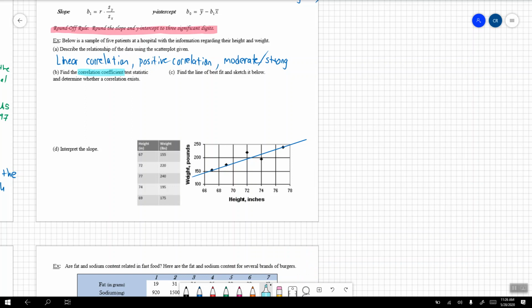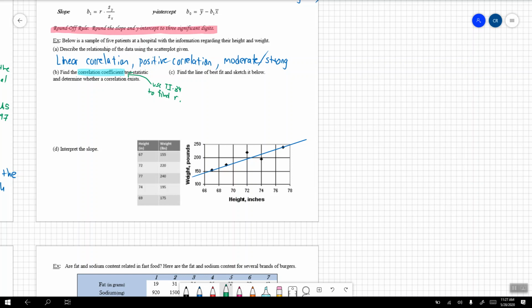So for the correlation coefficient, I'm going to need to do this on the calculator. So I'm just really quickly going to write this in green because this is going to be a note that says use TI-84 to find R. Because you remember, R is that correlation coefficient.